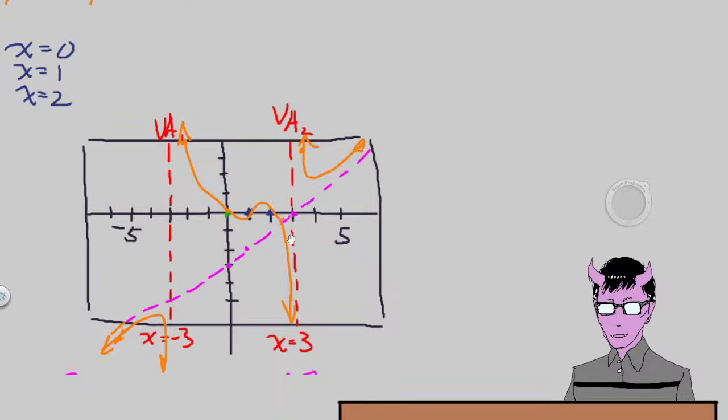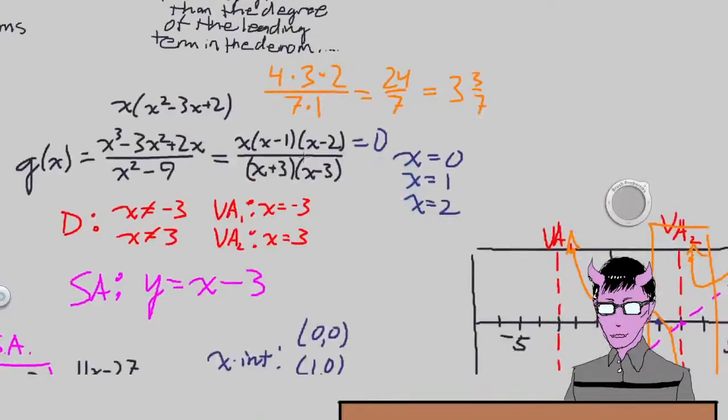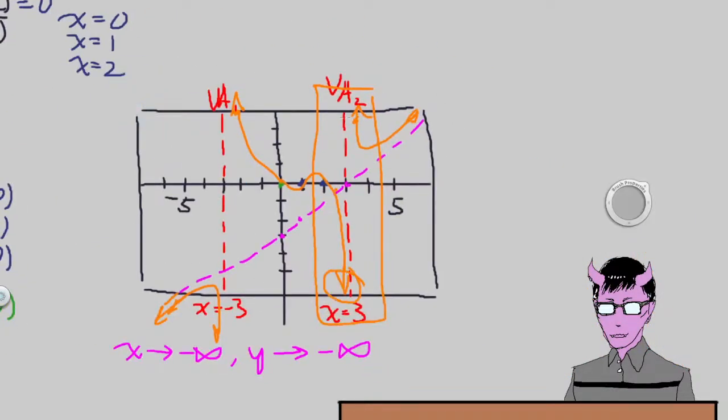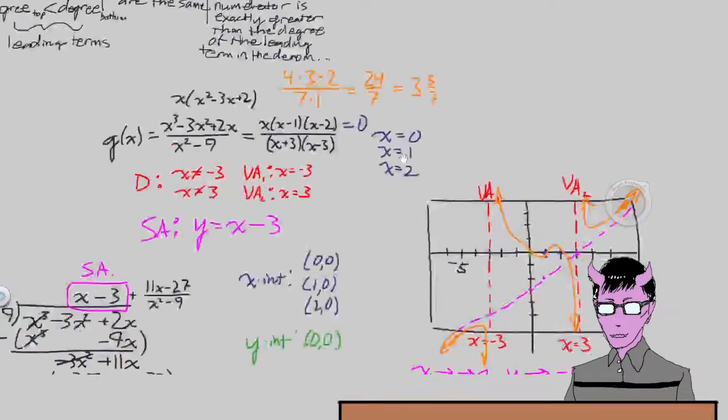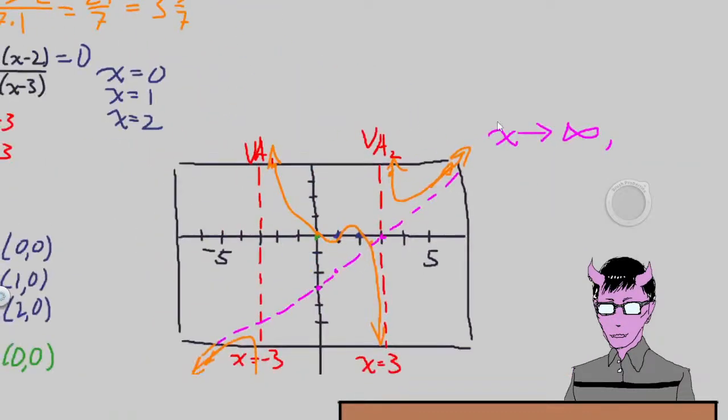That should make sense, because this factor has a multiplicity of 1, so we should have that alternating situation. And this one should make sense as well. Understanding, as x approaches positive infinity, what happens to our y values?